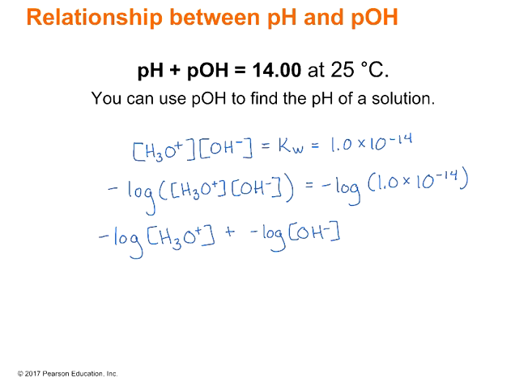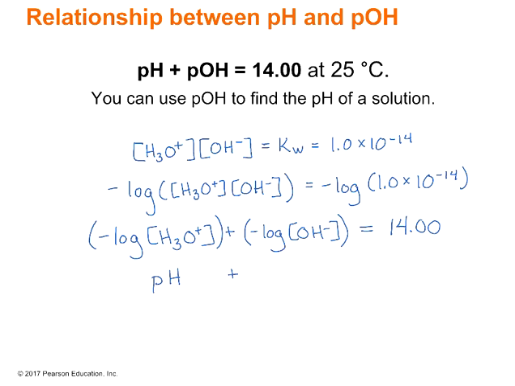So we're taking the negative log of the concentration of hydronium ions, and then we're adding the negative log of the concentration of the hydroxide ions. And then if we take the negative log of 1 times 10 to the negative 14th, we would find that that is equal to 14. And then earlier we said that the negative log of the concentration of the hydronium ions is equal to pH.